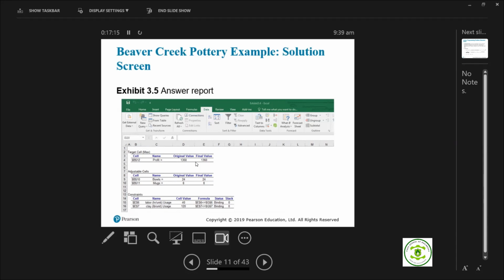You don't have to get the platform, download it, and save it. It's an Excel sheet, the Excel sheet I shared.